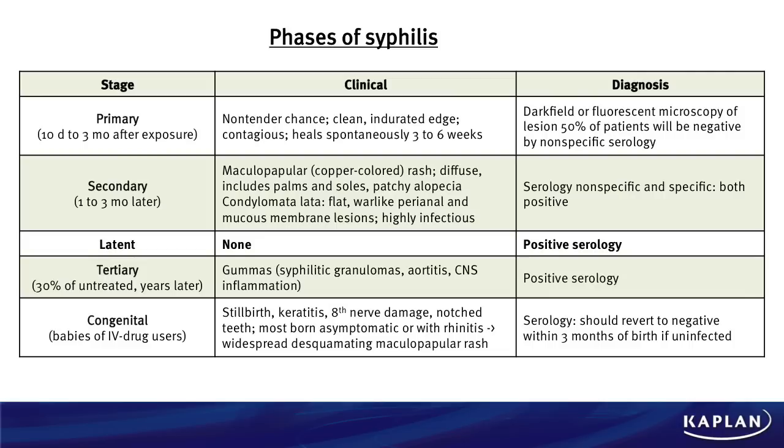Syphilis can present with a huge, wide variety of clinical presentations depending on the stage, which is why it's so tough to diagnose on the wards and why the boards love it, because they can ask lots of questions about it. And it's key to remember that different stages require different types of diagnostic workups. All of that information is included for you here.